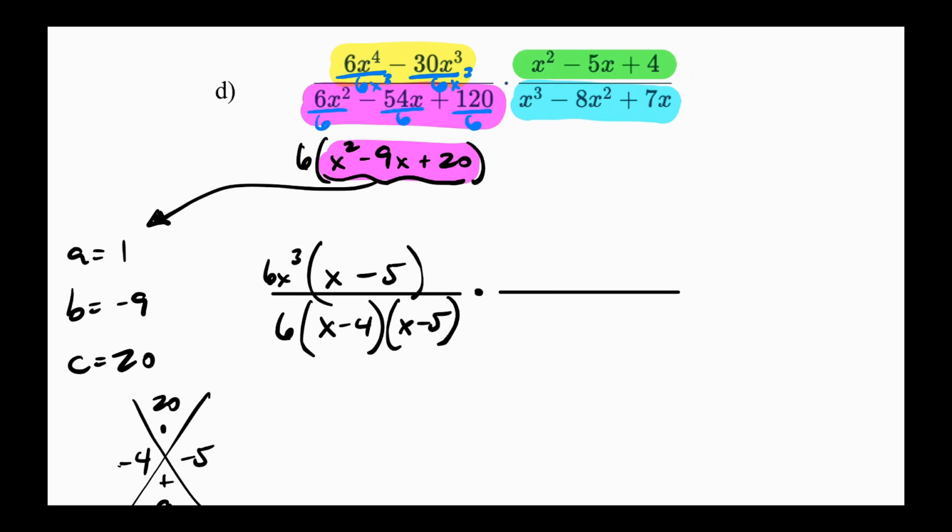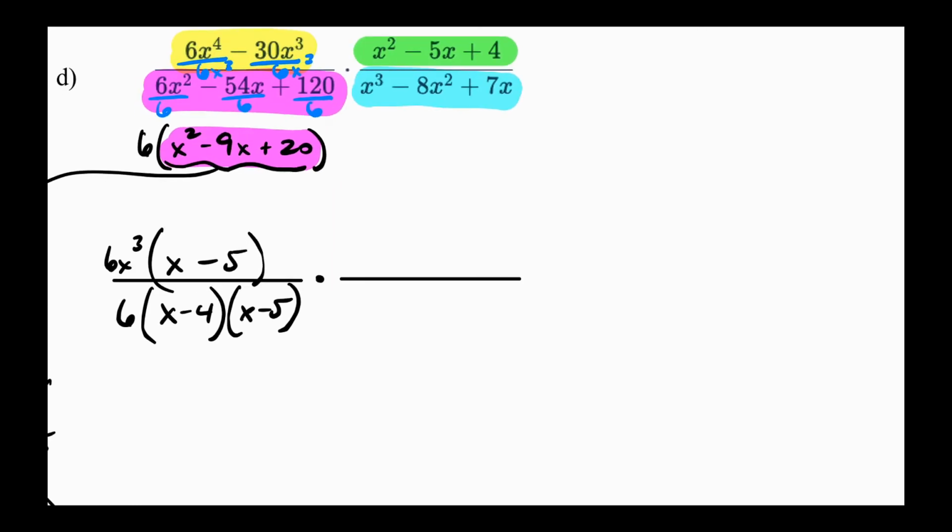Okay. The next one I haven't done is the green. The green. Trinomial again. Does the green have a GCF? Nope. So I go right to ABC. So what do I get? 1, negative 5, and 4.